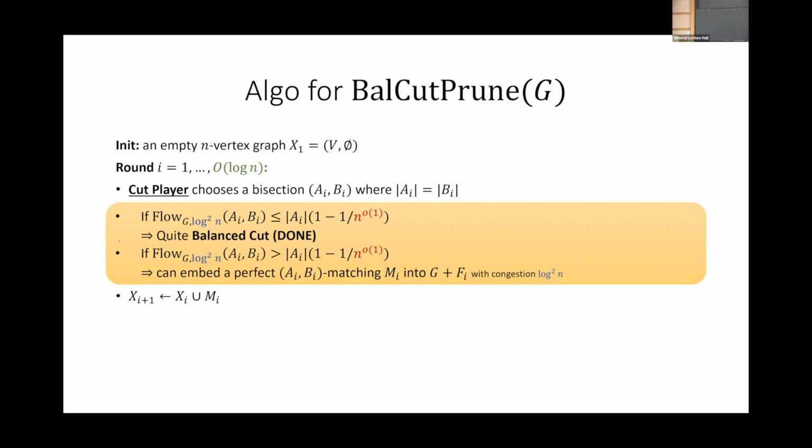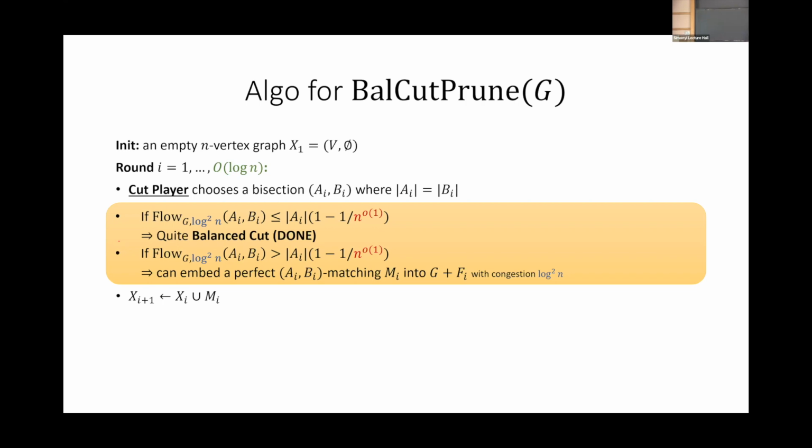The balancedness is not 1/3 yet, but let's say you don't care much about that. You get a balanced sparse cut in graph G, and you're done.